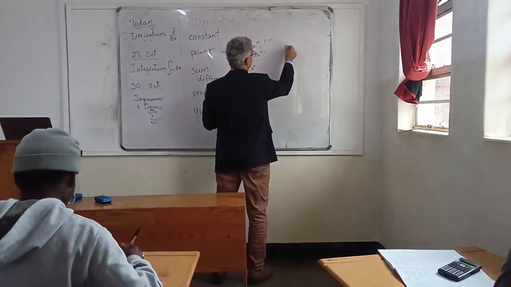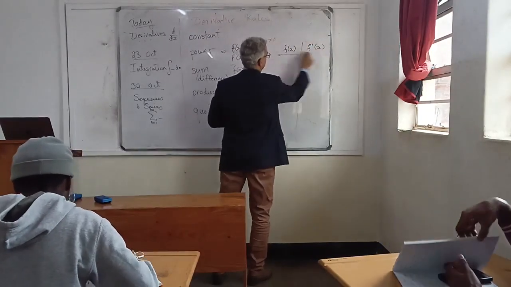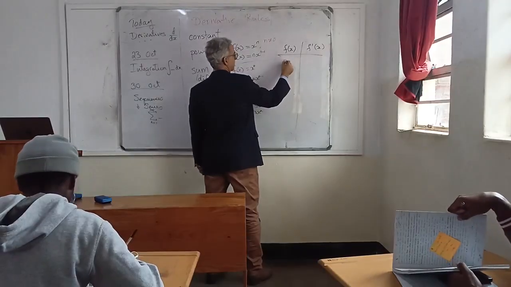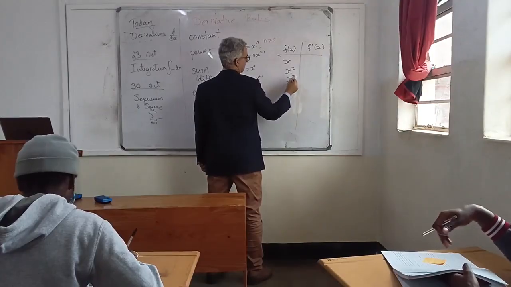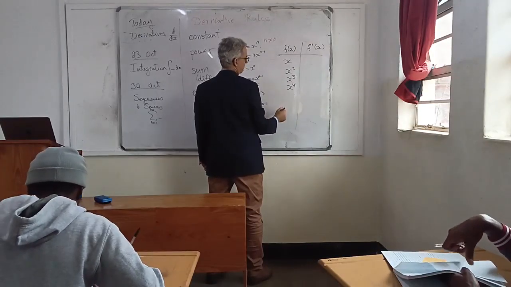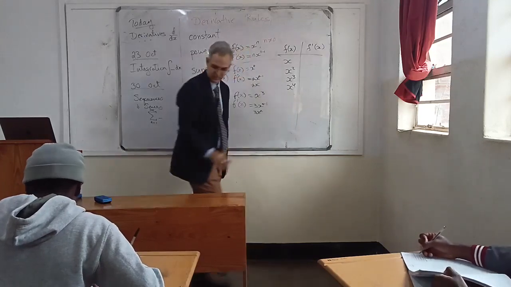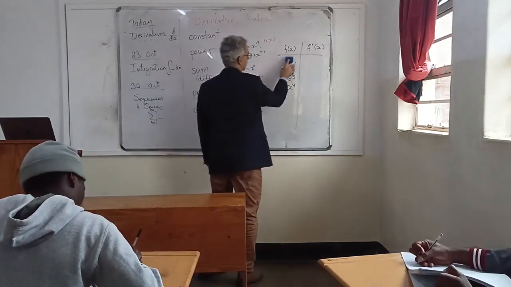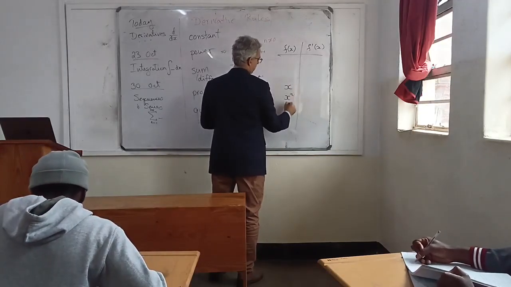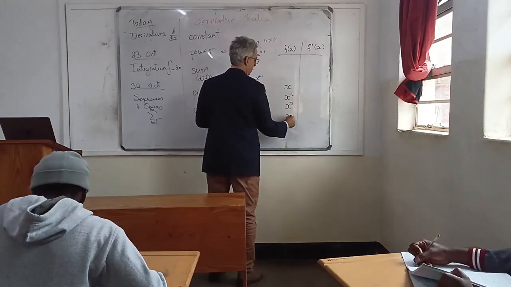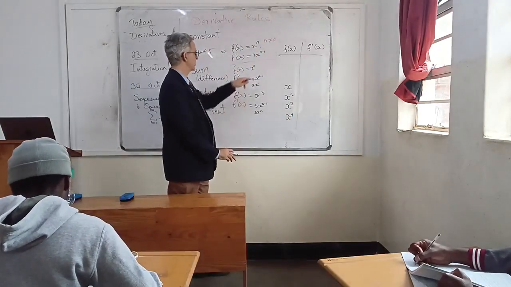So let's write f of x here, and then f prime of x here, and we can make a table. So we'll start with x squared, x cubed, x to the 4th. Actually, sorry, I'm going to start it here, and you'll see why. x squared, x cubed, x to the 4th. Right? So we've done x squared.